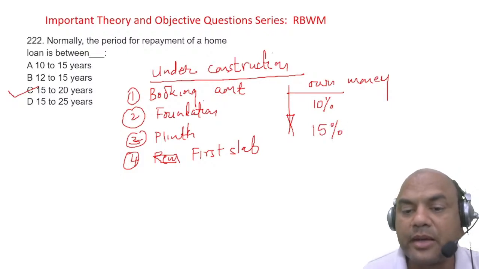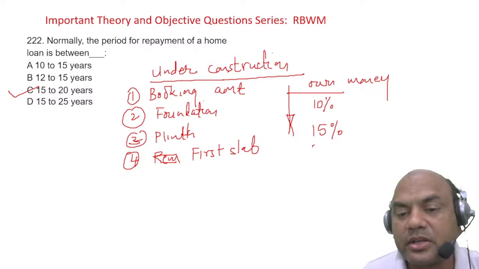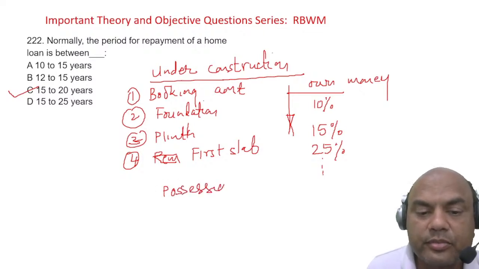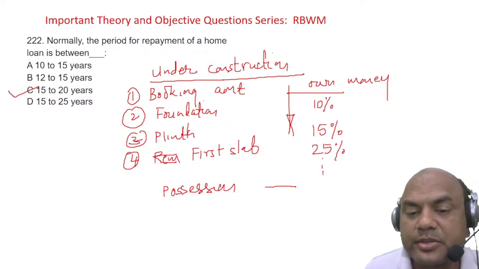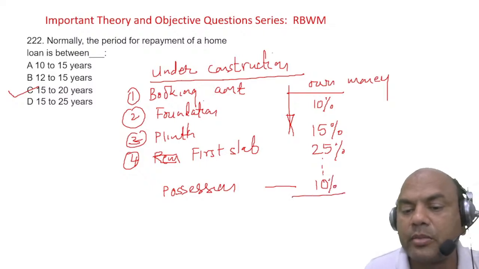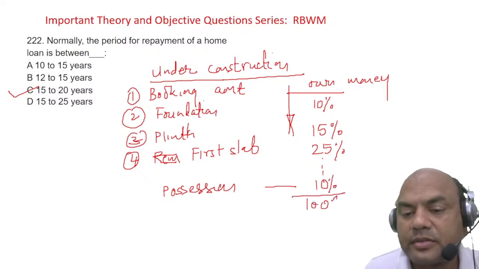Then first slab again some 15-20%, 25%, let's say. So that's how it moves, and it goes up to 100%. On completion, the last one, possession. Whenever you have the possession, the last disbursement remaining, whatever it is, 10%, 15%, so the complete loan amount becomes 100%.